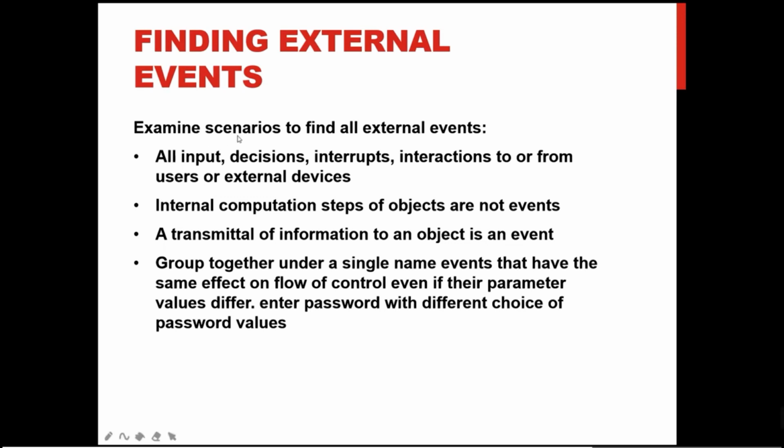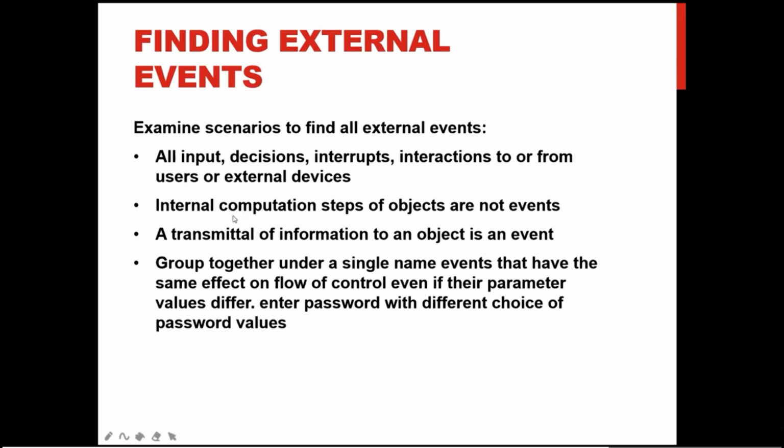So in order to build a sequence diagram for a scenario, we must find all of the external events. So what is an external event? An external event is a kind of event that is transferred among different objects. All input, decisions, interrupts, and interactions to or from users or external devices are external events.